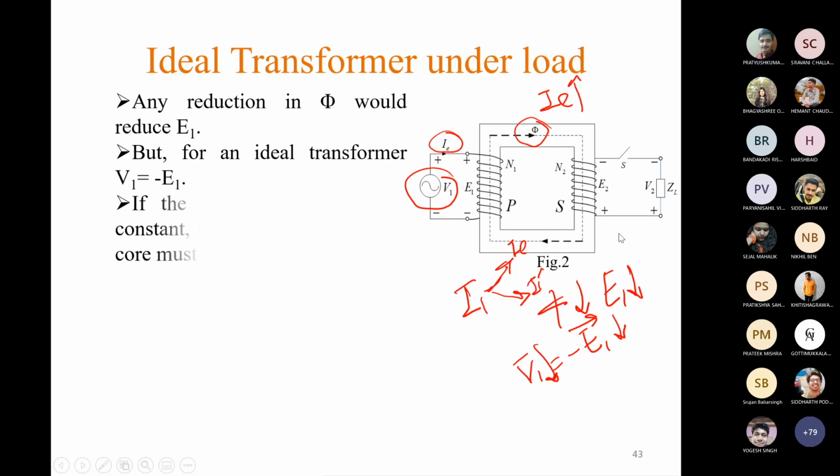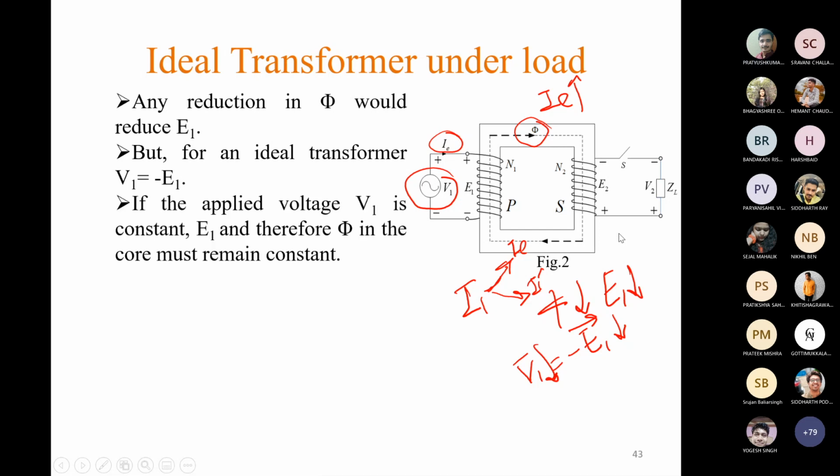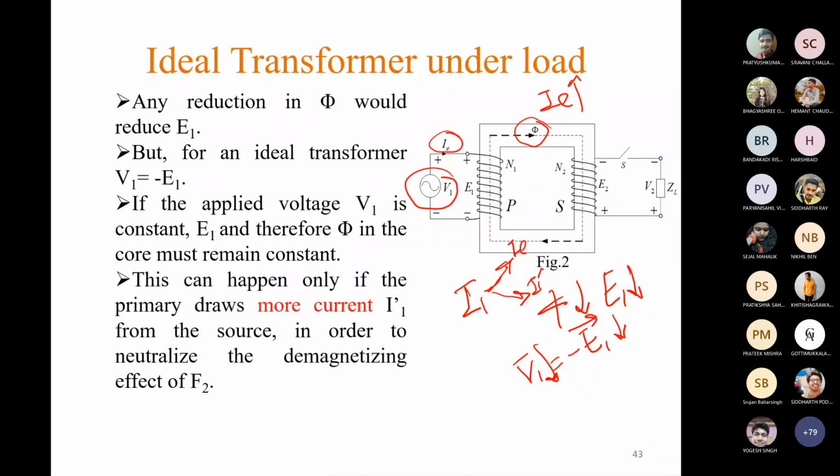Yes, sir. Okay. So V1 cannot reduce, therefore E1 cannot reduce. Now to keep E1 constant, we must have a constant value of flux. For that, the primary winding draws more current. The excess current is I1 dash, that means the other component of primary current is I1 dash, to neutralize the demagnetizing effect of F2.